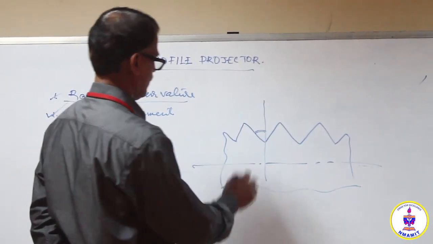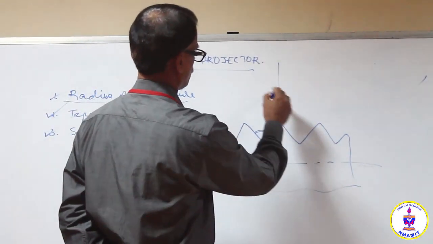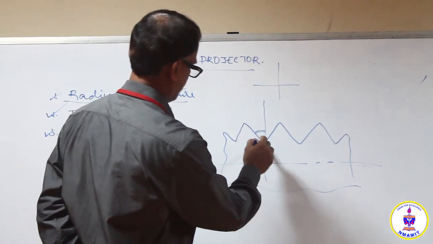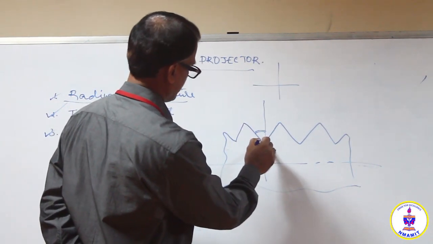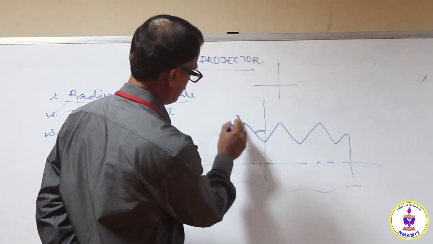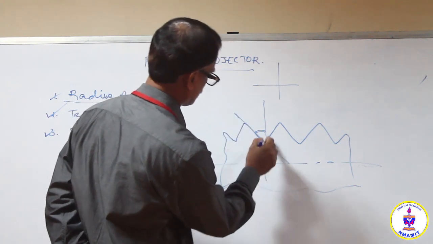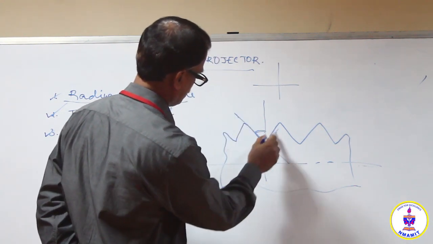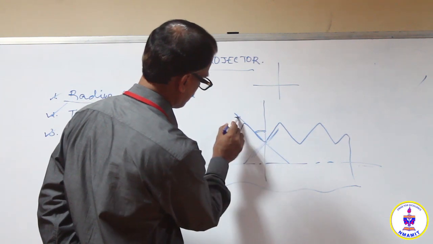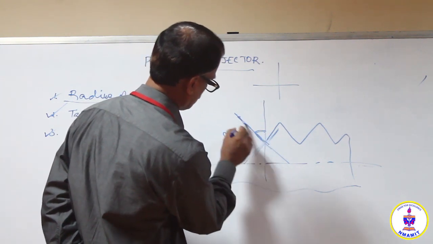Now here, we have the cross wires. Make that cross wire coincide with one flank. We have mutually perpendicular cross wires here, so make one cross wire coincide.